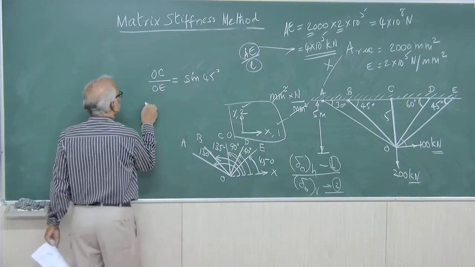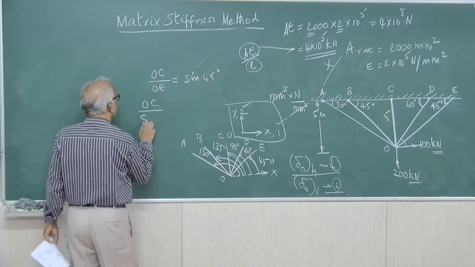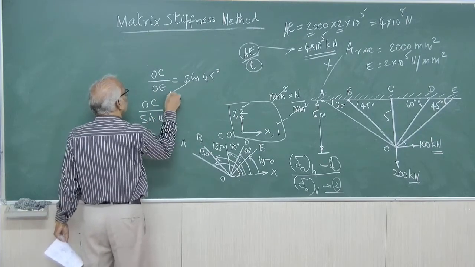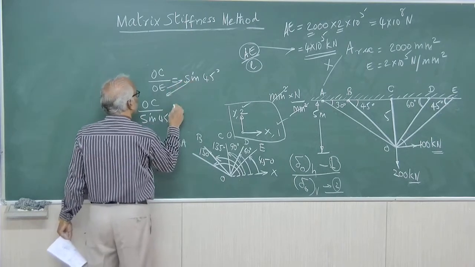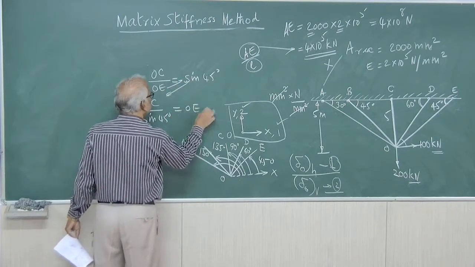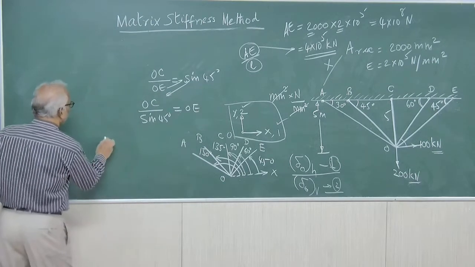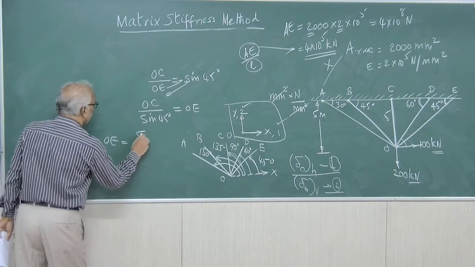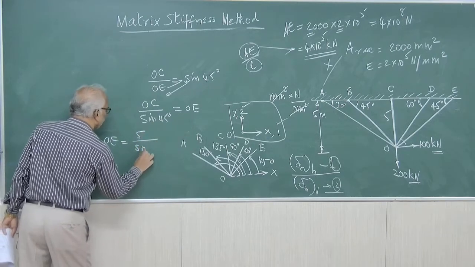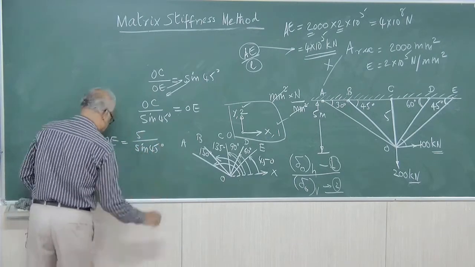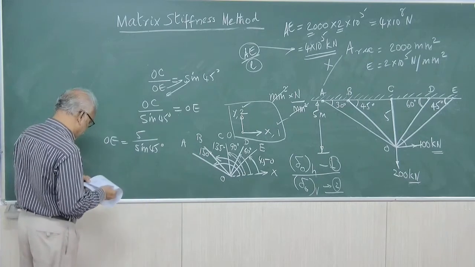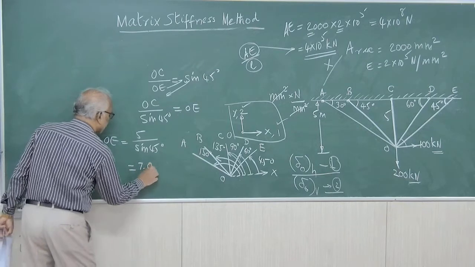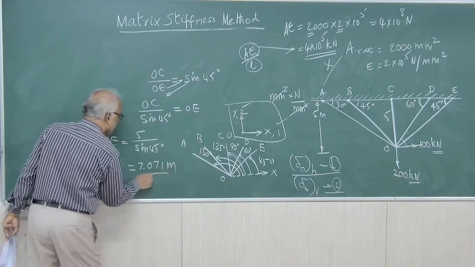Therefore, OC by sine 45, this we are bringing here and this we are taking to the top, equals OE. Or OE equals OC, which is 5, by sine 45. That value equals 7.071 meters.